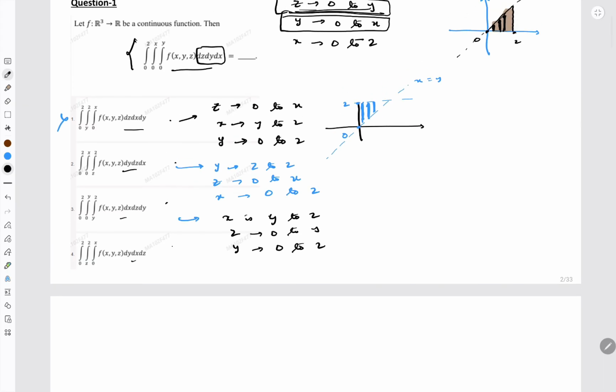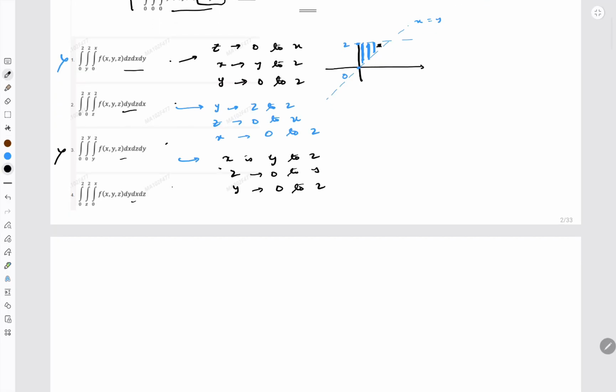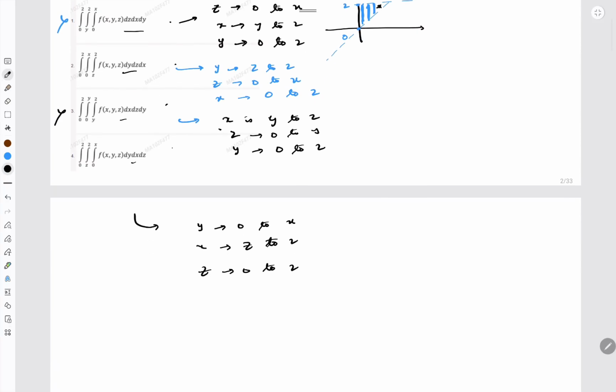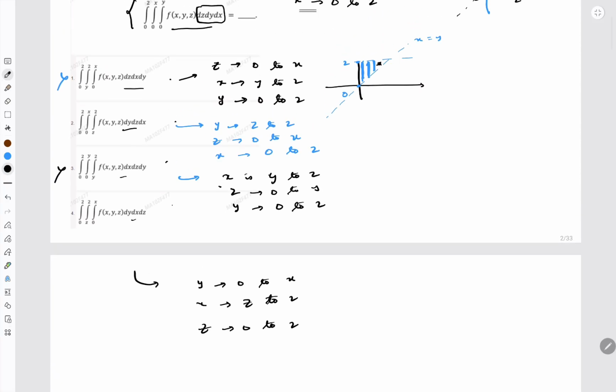Here you can see that if I only talk about the xy plane, it is similar to the first option, and the first option was not the answer because the region traced was a different kind of region. So this is also a wrong option. Let us talk about option 4. In option 4, y is ranging from 0 to x, x is ranging from z to 2, and z is ranging from 0 to 2. So options 2 and 4 we need to check.